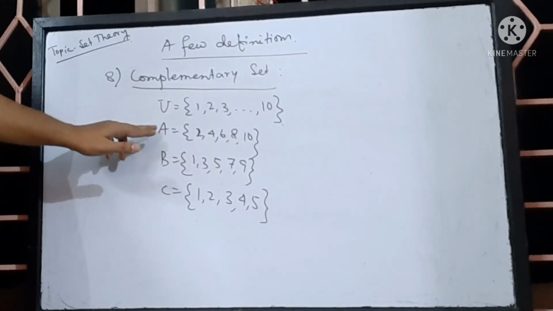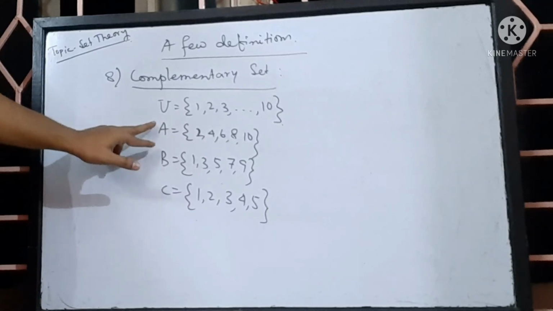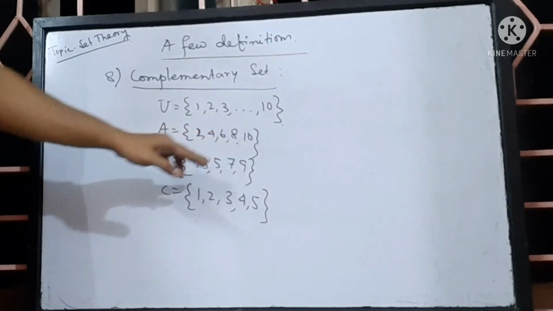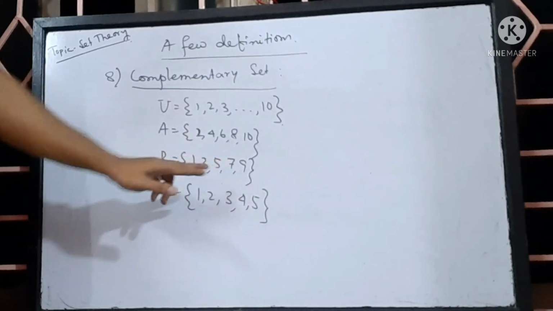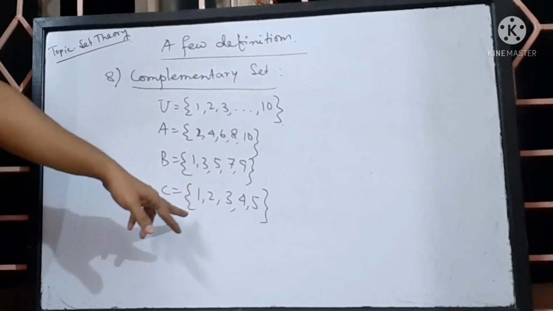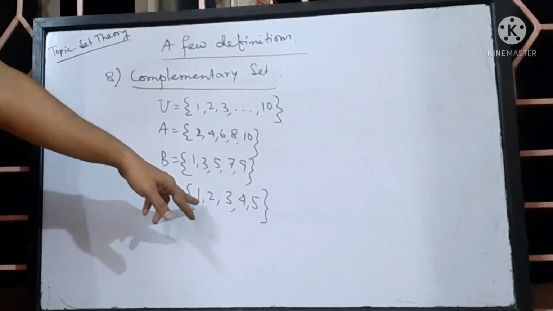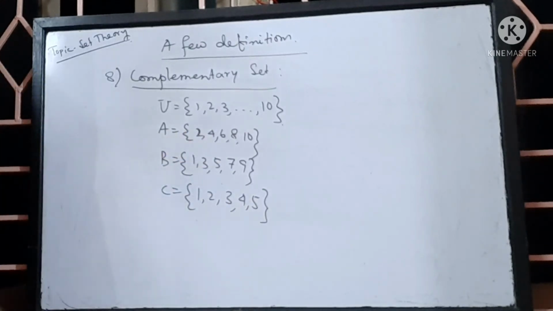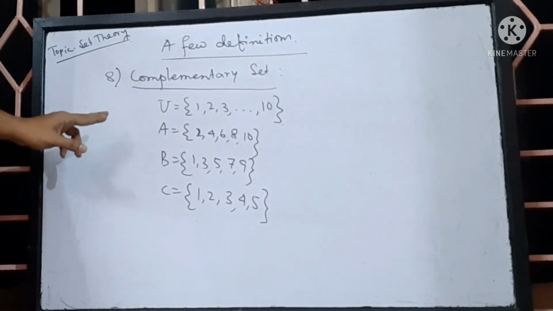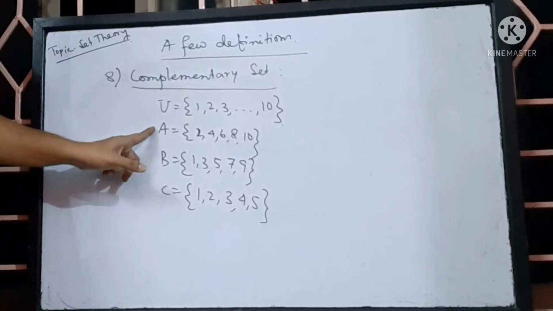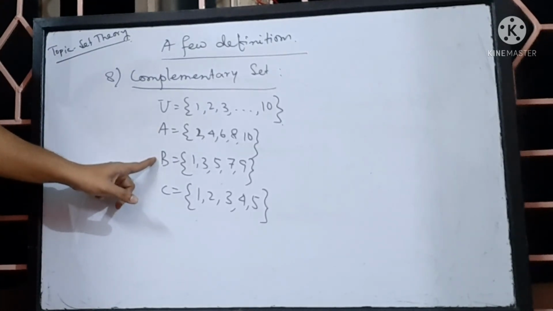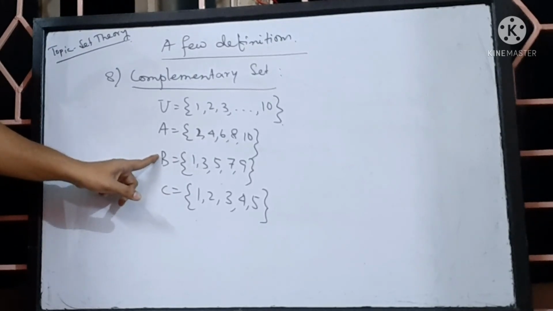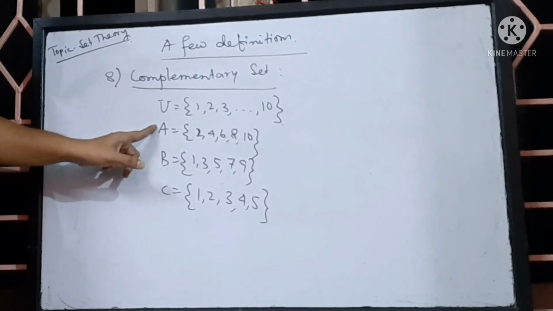Look at these sets: A contains 2, 4, 6, 8 and 10, B contains 1, 3, 5, 7 and 9, and C, I have taken another set, which contains 1, 2, 3, 4 and 5. Here, look, the elements which belong to A do not belong to B, and the elements which belong to B do not belong to the set A.